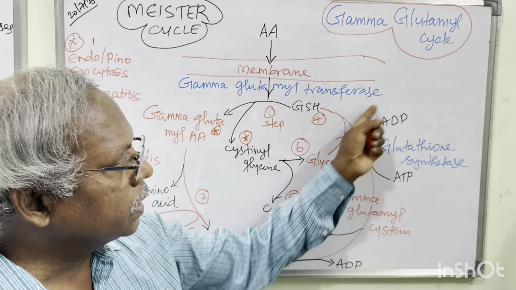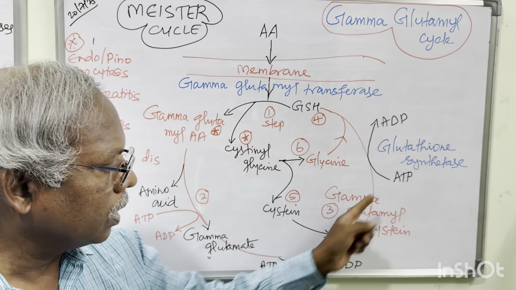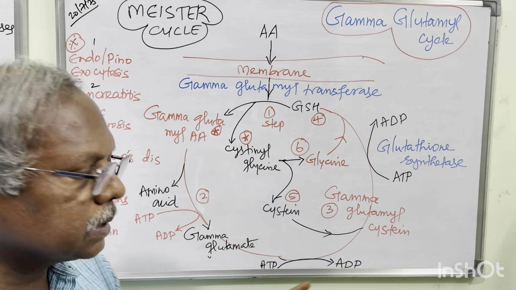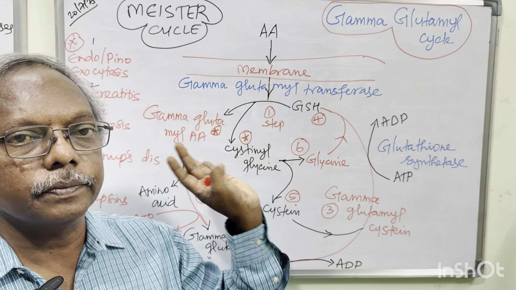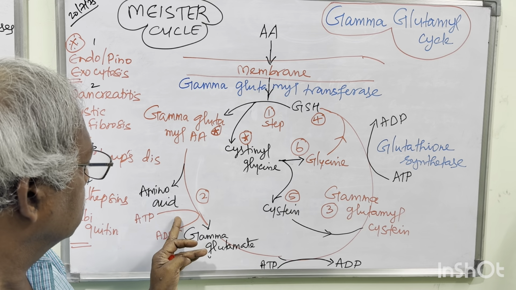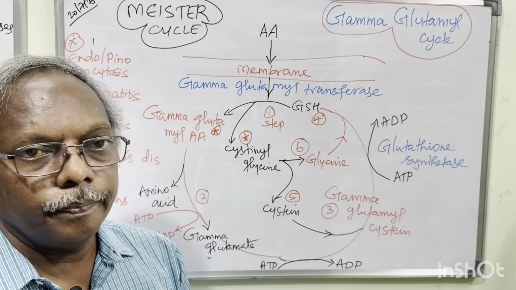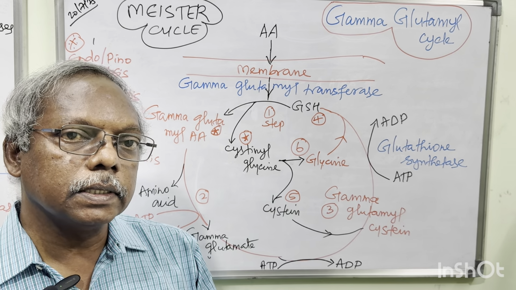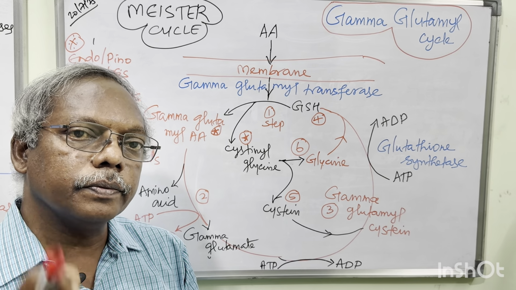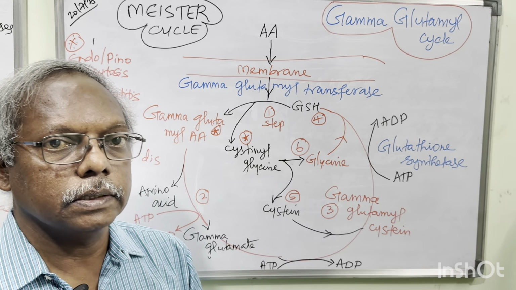So here we are utilizing one more ATP. So totally how many ATPs are required for the absorption of protein? 1, 2, 3. That is why, as in the last class, 3 ATPs are required for the absorption of amino acids.